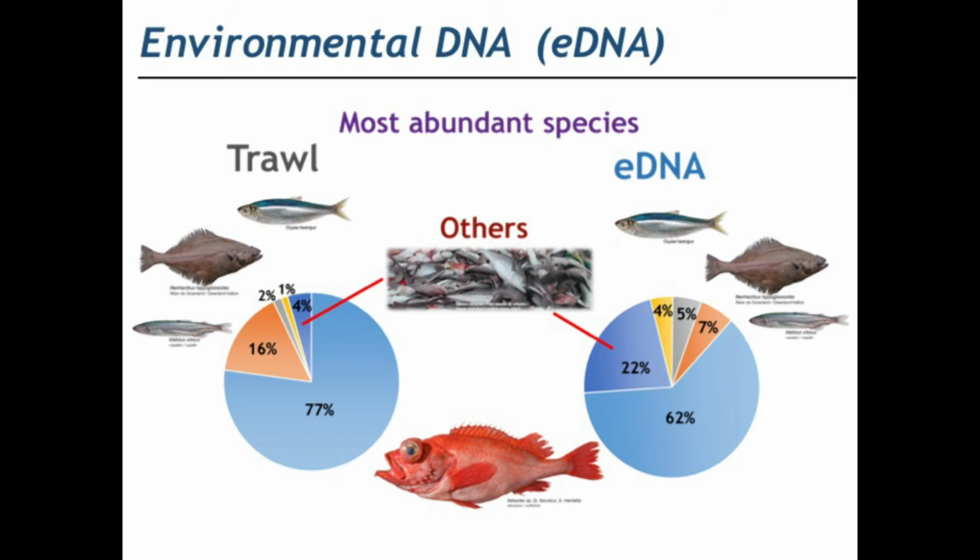Then in terms of the ranking, the second, third, and fourth species, the capelin, the Greenland halibut, and the herring, were the same for the trawl and the eDNA. The big difference was that all the other species represented only 4% of the biomass in the trawl, but represented 22% of all the sequences we had in this study. But there was something comparable, at least for the most abundant species.